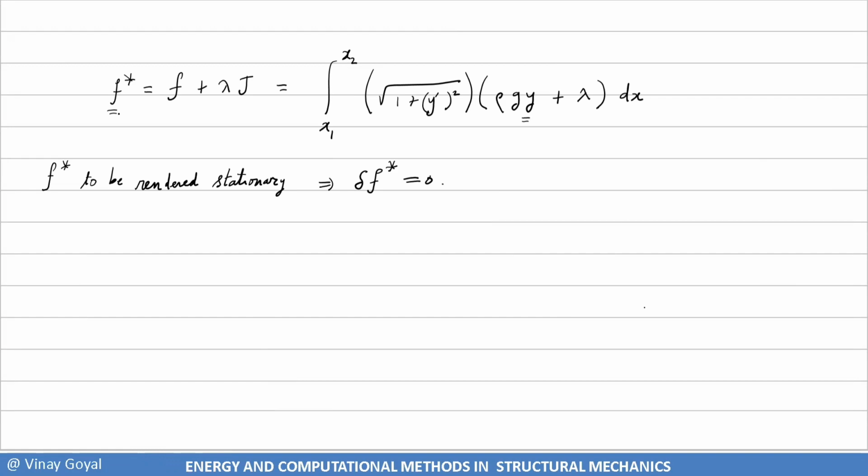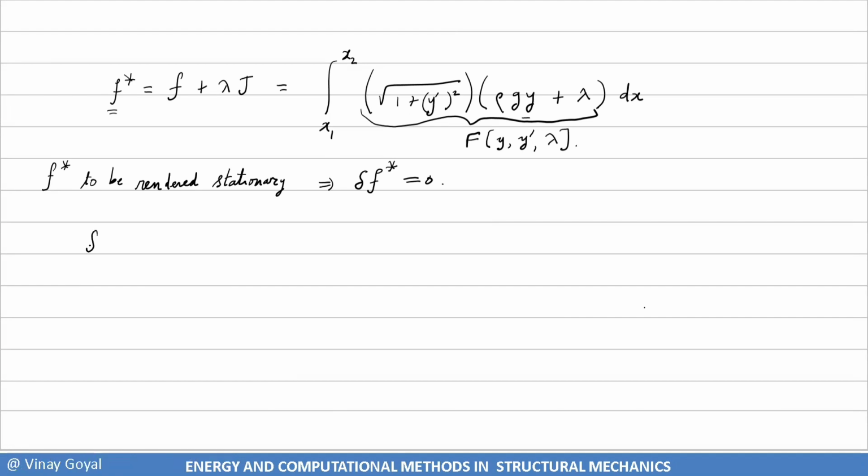And to do that, I need to find the first variation of f star, and I will notice here that this integrand big F depends on y, y prime, and lambda. I'll take the first variation knowing that.